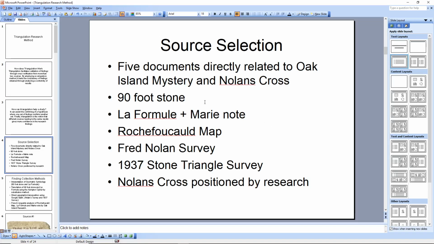I have the 90-foot stone, I have La Formula and the Marine Note, I have the Rochefoucauld map, I have Fred Nolan's survey, I have the 1937 Stone Triangle survey, and we have on the island Nolan's Cross, which, as we know, is very integral into all this.